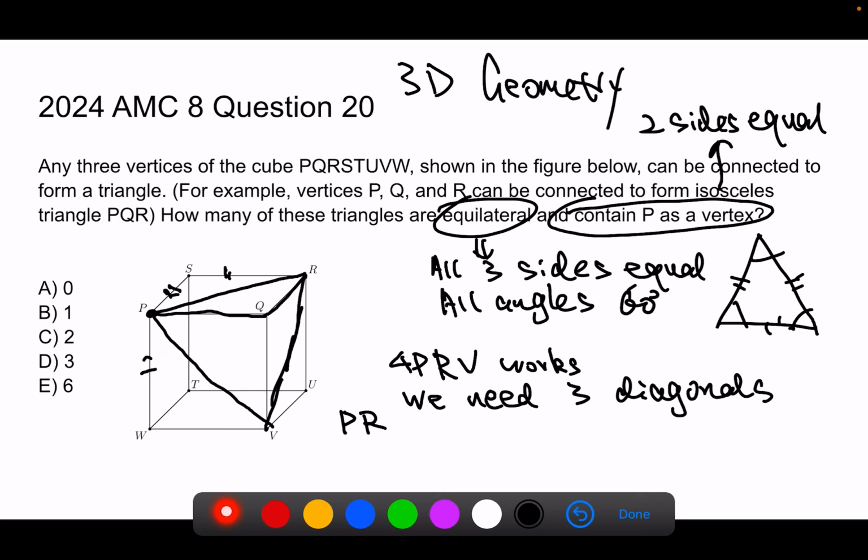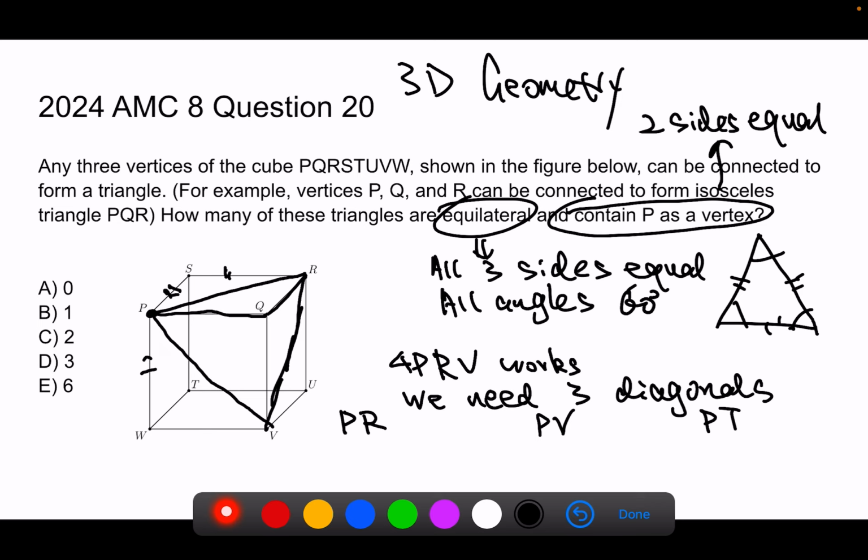You can draw PV. You can also draw PT. Anything else? Not really, because P belongs to the top face, left face, and front face. So there are 3 diagonals you can draw.